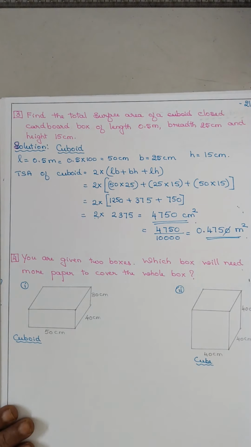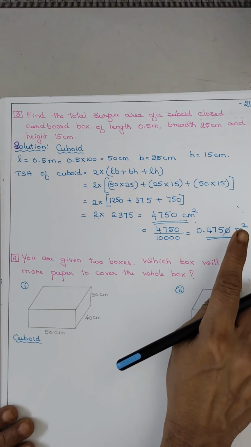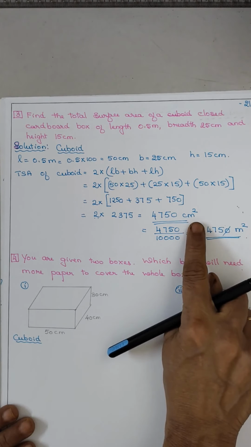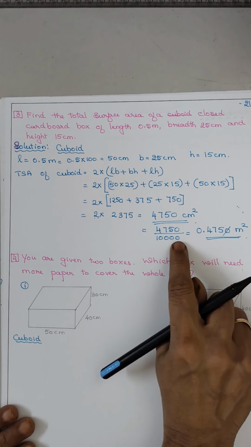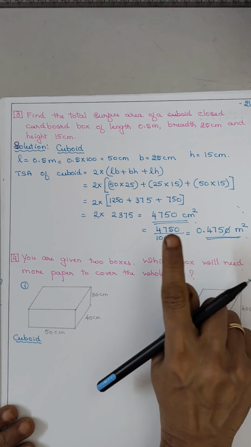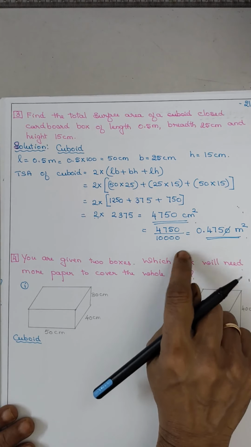In case if they ask to convert into meter square, remember the answer what you get in centimeter square, it has to be divided by 10,000. Why? Meter to centimeter multiply by 100.